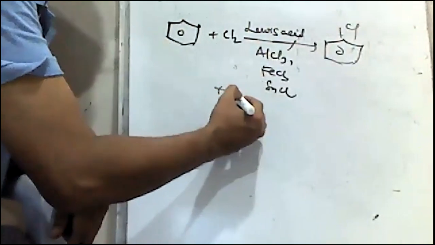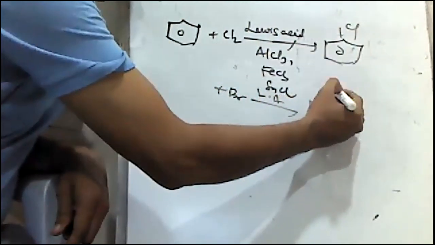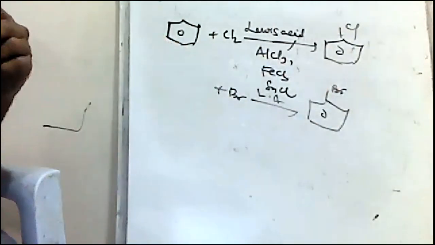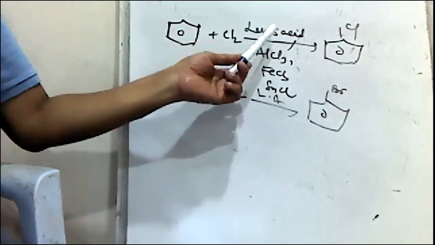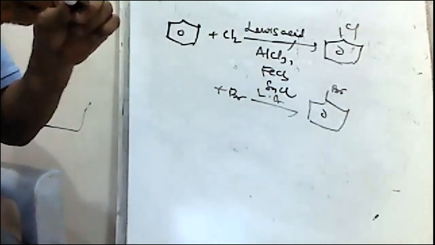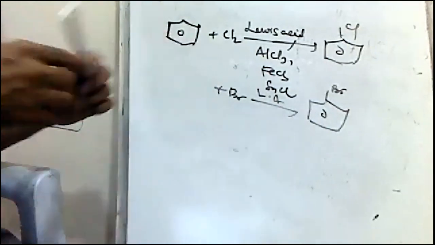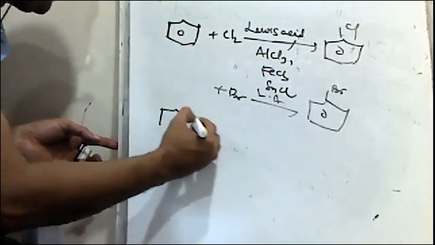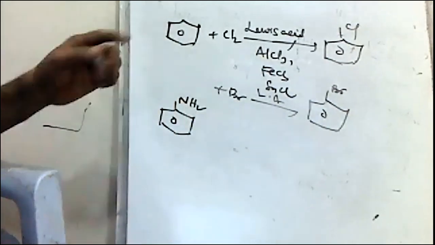Similarly, the same reaction with bromine in the presence of Lewis acids forms bromobenzene. This reaction doesn't occur if the Lewis acid is not present in the reaction mixture.